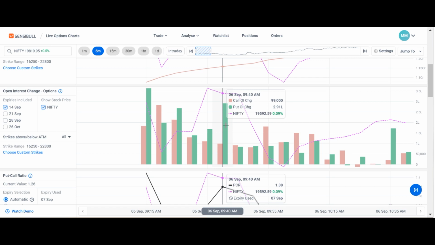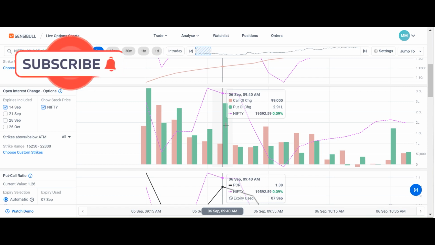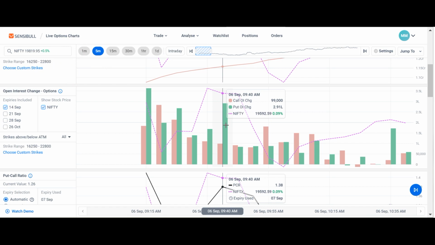Assume on that particular day maybe the put addition is happening, and there are lots of transactions on the put. But what is happening to the put price? Is it going up, consolidating, or falling down?